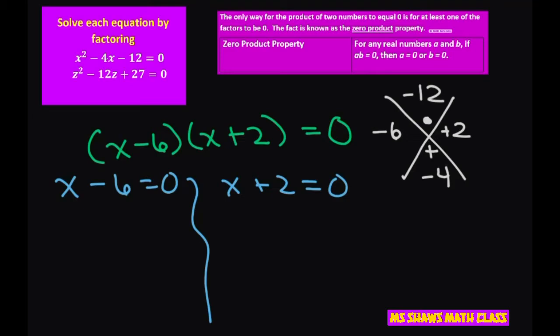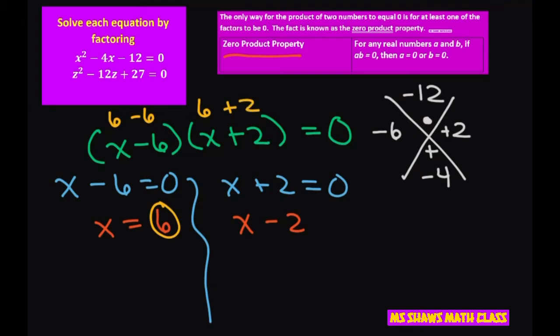So we have x equals 6, x equals negative 2. Now what the zero product property states is, for example, if I plug in this 6, I'm going to get 6 minus 6 and 6 plus 2. That's going to give me 0 times 8, and that gives me 0.